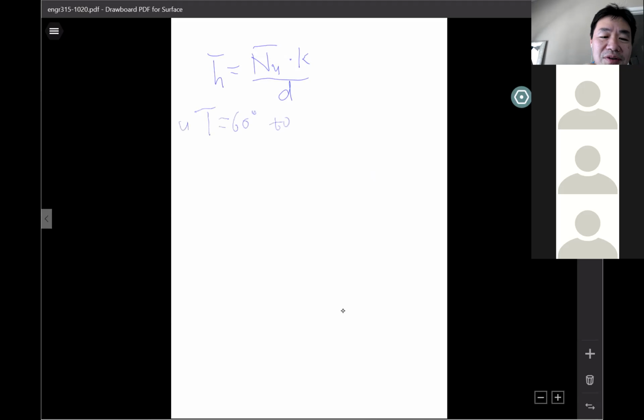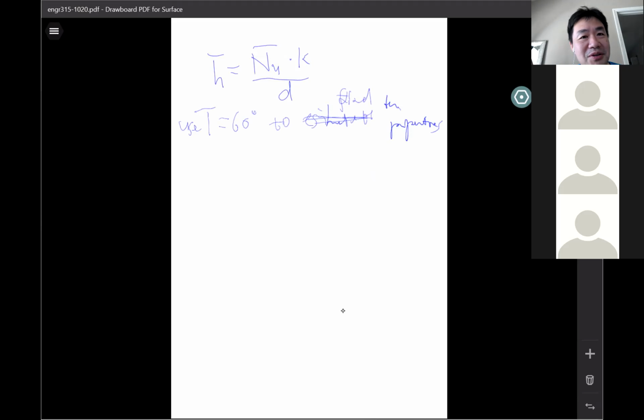Use fluid temperature at the inlet to determine the property, to find the property. Then probably you do a second try. When you calculate the To, you can have a better temperature to represent the average temperature of the fluid to find a better property.